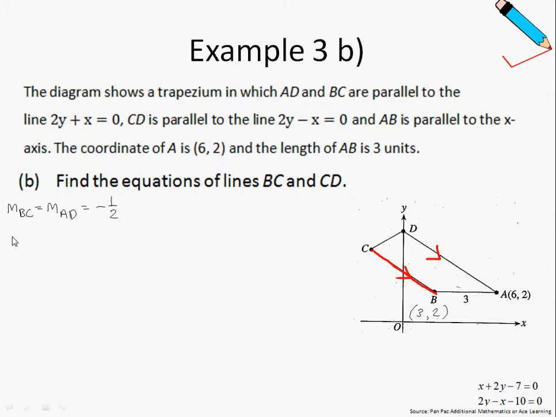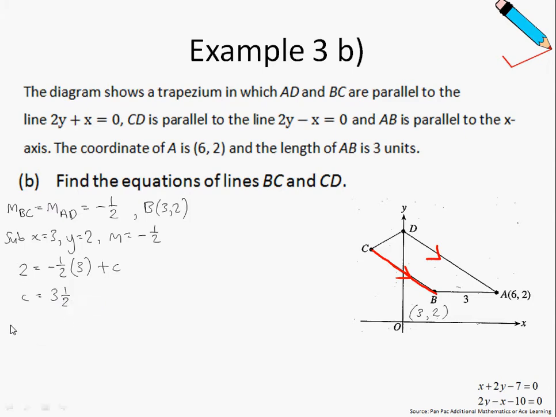So B is (3, 2). If I sub x equals 3, y equals 2, and m equals negative half into y equals mx plus c, then I'll have 2 equals negative half times 3 plus c, and c is just 3.5.